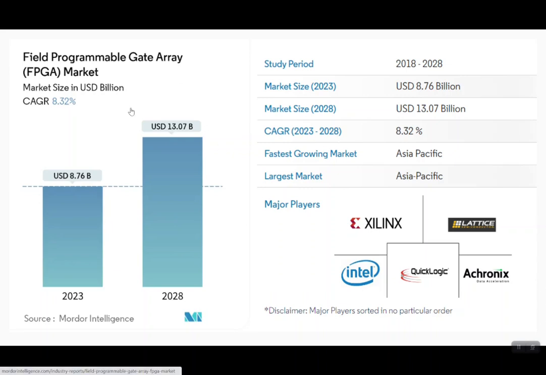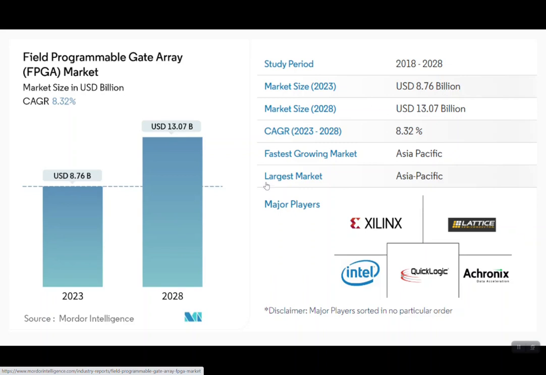Again, there's another graph of field programmable gate arrays. The compound annual growth rate is 8.32%. 2023 is roughly around $8.7 billion. By 2028 it is $13.07 billion at the time of the study.